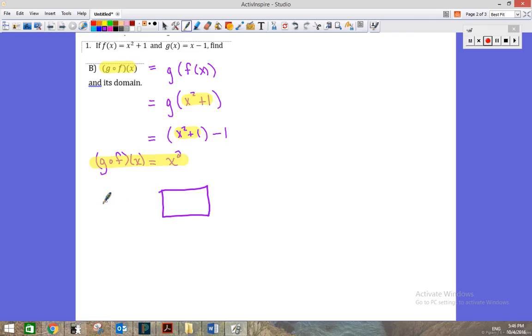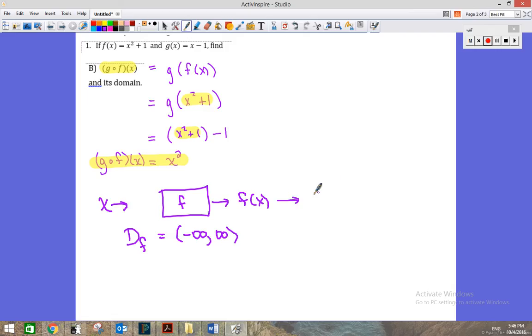First, your input x has to be in the domain of f. Well, you have that covered because the domain of f is all real numbers. You can't find a number that's not in the domain. Any number that you pick from the real number line can be an input into this function, and it's guaranteed that you'll have an output because this thing only squares it and adds 1.